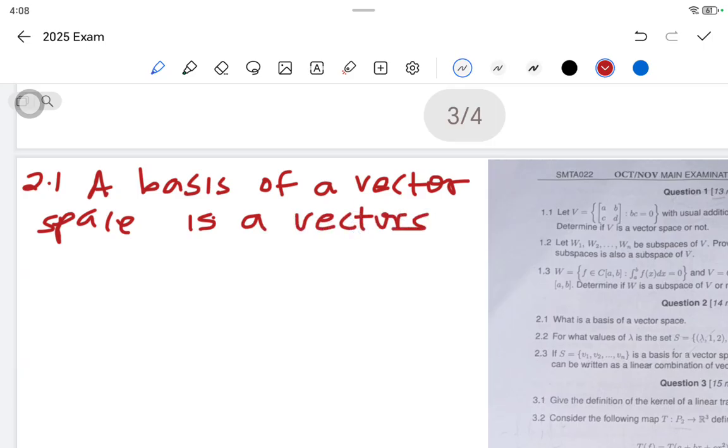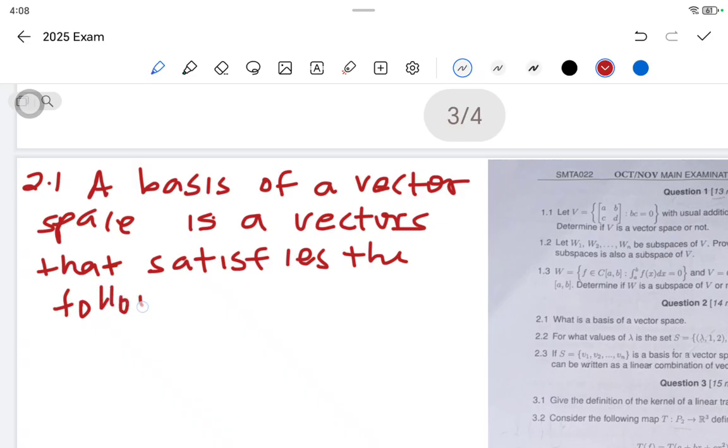You see, and those vectors should satisfy the following properties. Here they just want to see you understand.